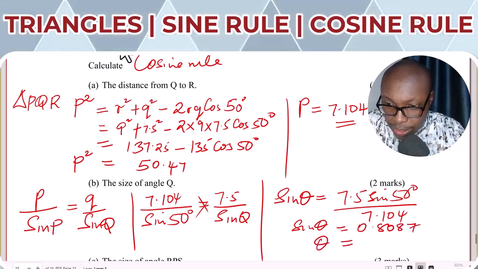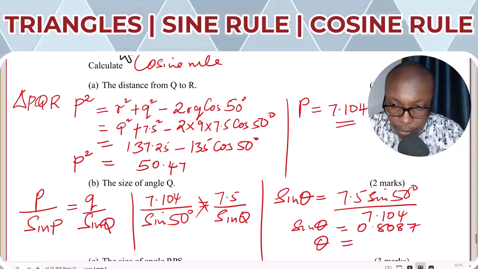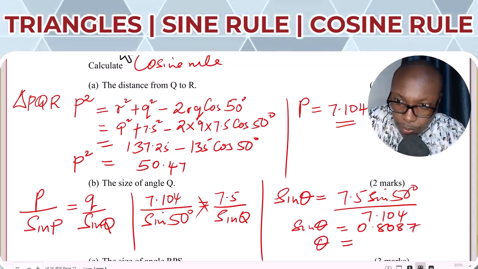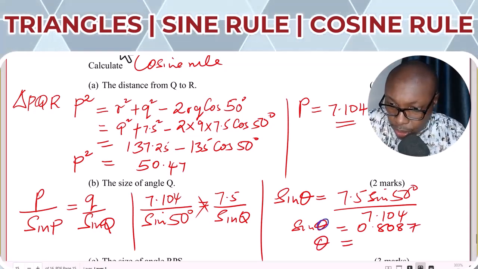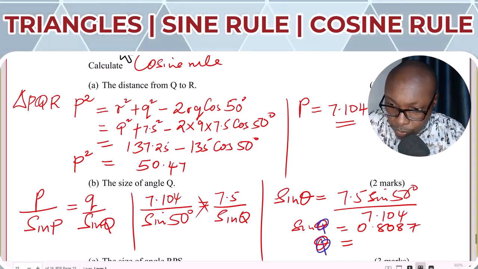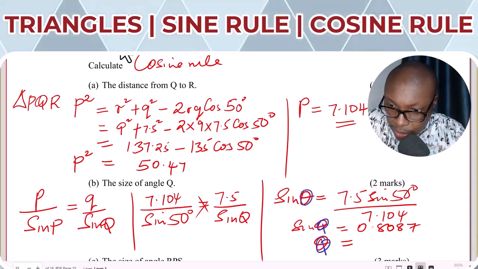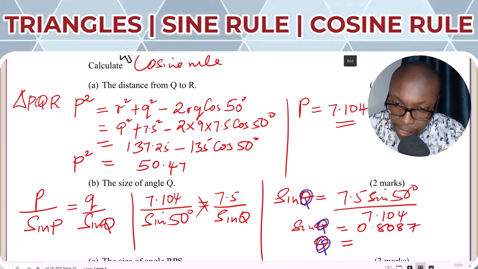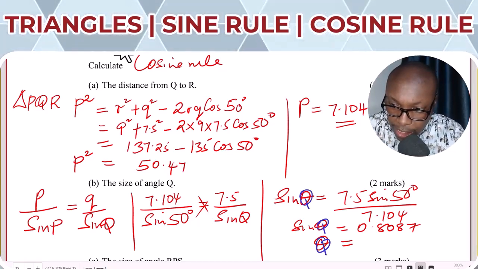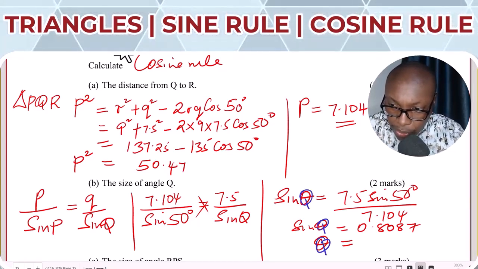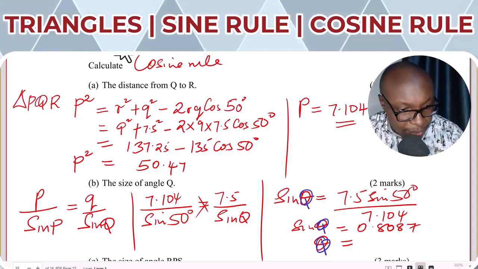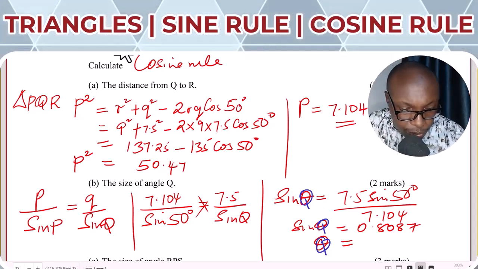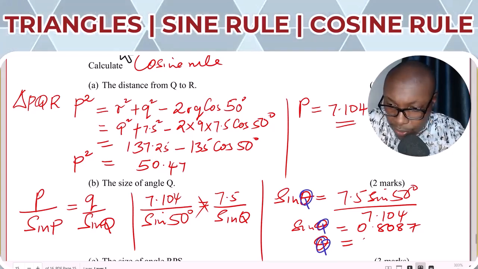So now to get that angle, Q will be given by the sine inverse of 0.8087, that will give, using a calculator, 53.97.